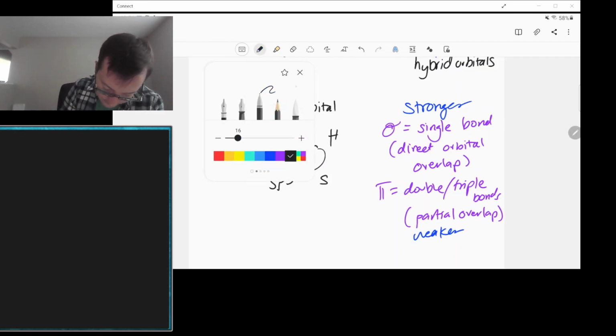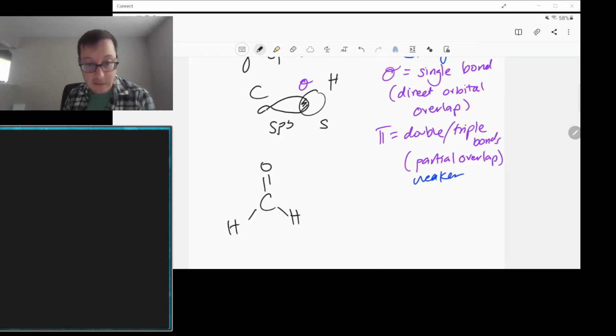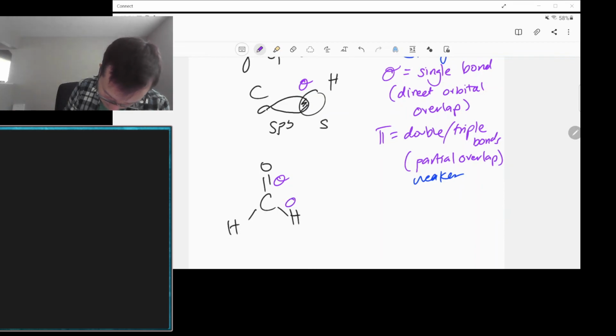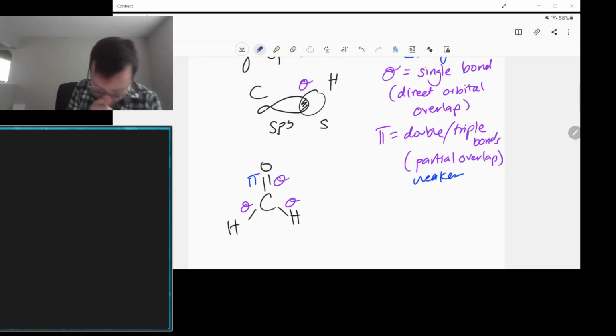We're going to see that something like this, formaldehyde, trigonal planar, we have to consider here we have 3 sigma bonds and 1 pi bond. The pi bond will be our double bond, the additional bonds.